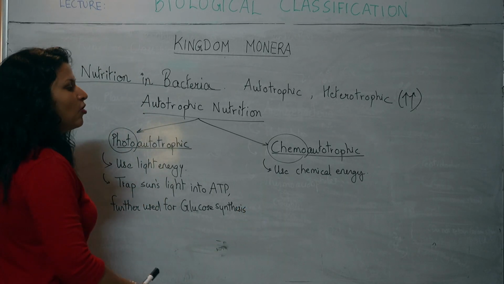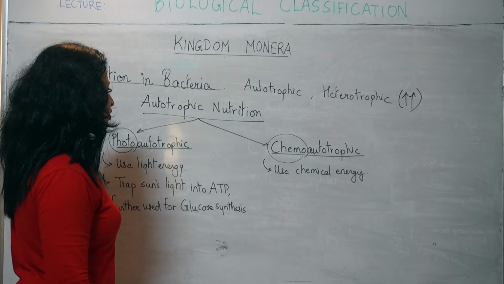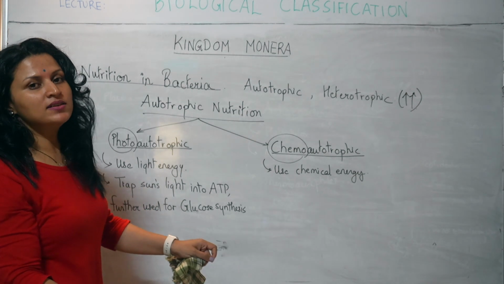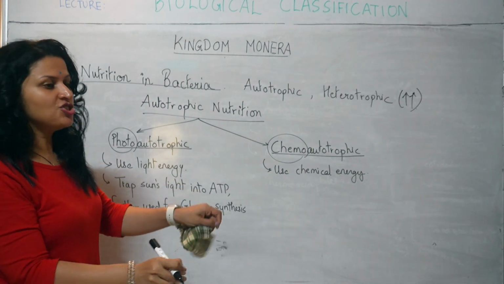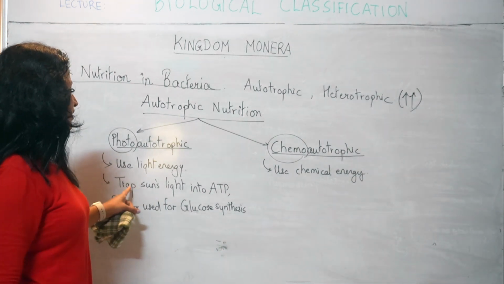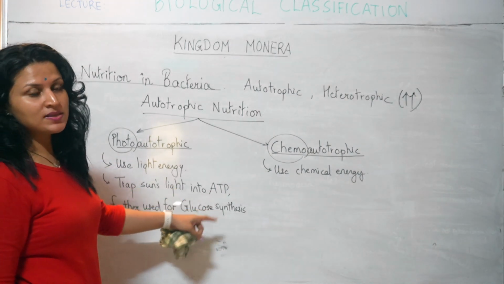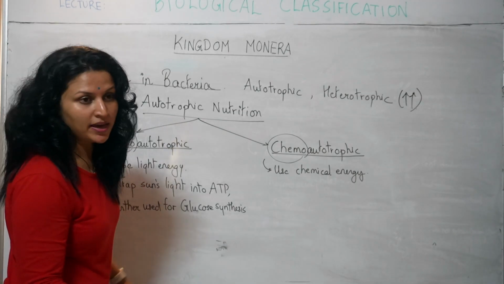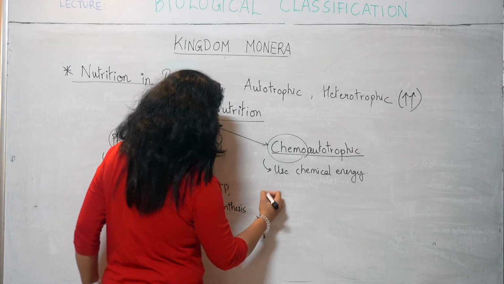And what about chemoautotrophic? They oxidize certain chemicals, and the energy that is liberated is trapped into ATP synthesis. These trap sun's light into ATP synthesis, and they use the chemical energy after oxidizing it.